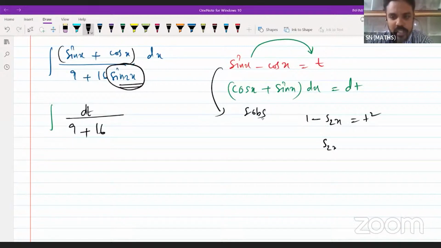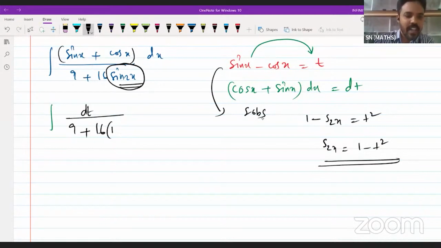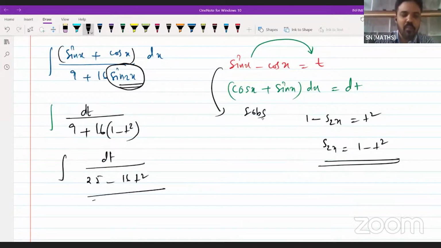Therefore, sin 2x is equal to 1 minus t square. That means I have converted the x variable in terms of t. Therefore, this is simply dt by (25 minus 16 t square). It is in the form of 1 by (a square minus x square), the general formula. Now we can easily calculate it and write the answer.